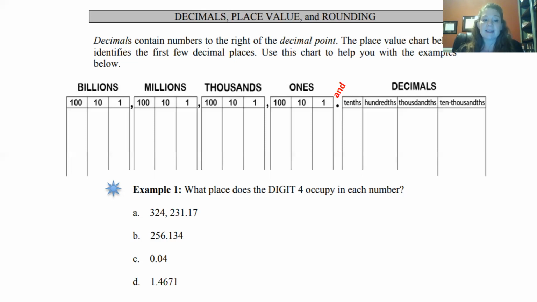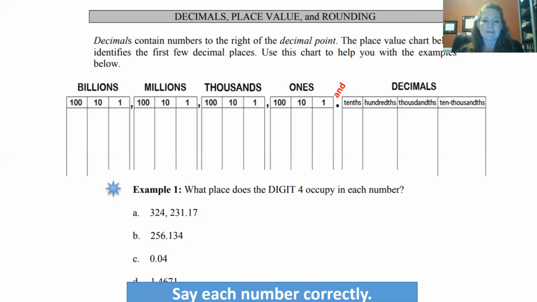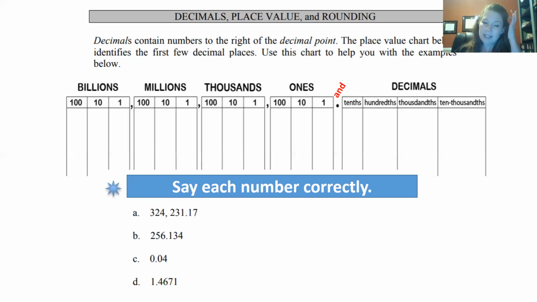Letter C, you would say that number 4 hundredths. And in letter D, the 4 is in the tenths place, so you would say that number 1 and 4,671 ten thousandths.